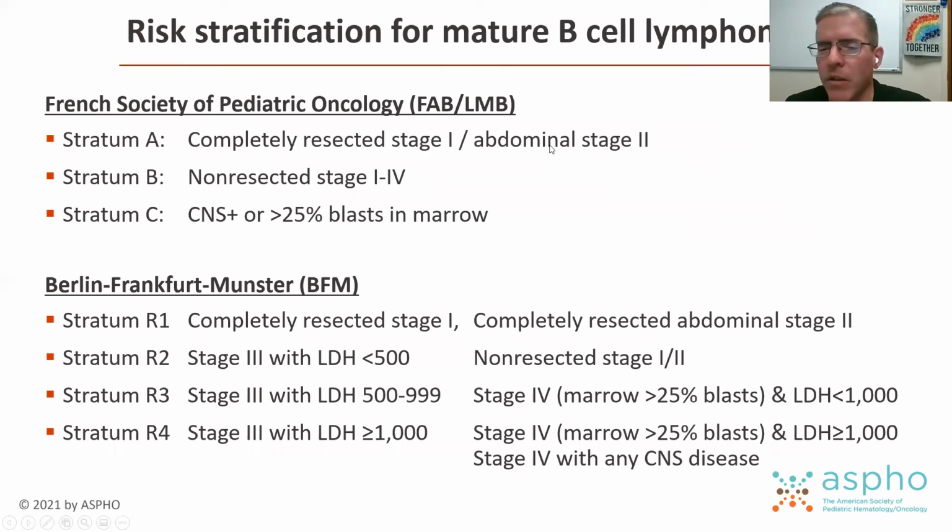So this is the intussusception that you surgically remove and you find that you have a focus of Burkitt lymphoma in it. Stratum C is CNS positivity or greater than 25% blasts in the marrow. And stratum B is everything else. The BFM group also uses LDH to help risk stratify. So you can imagine the higher the LDH, then that increases your risk.